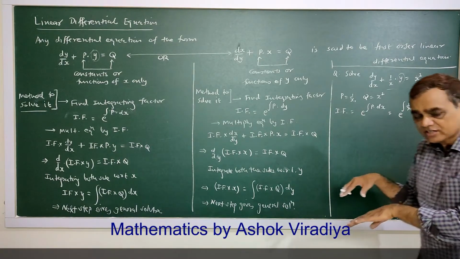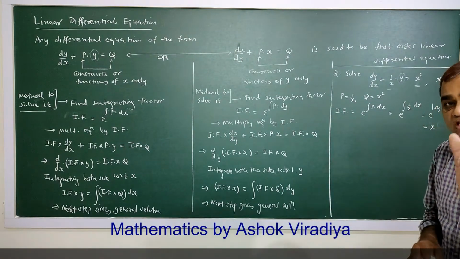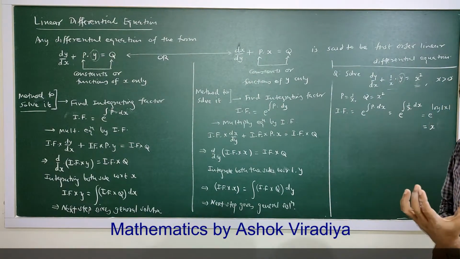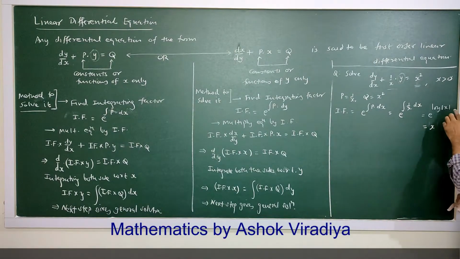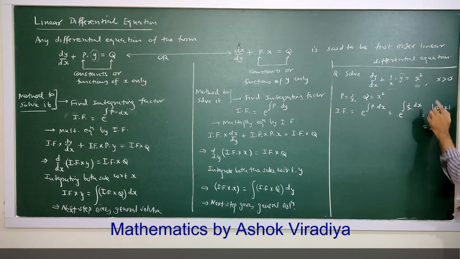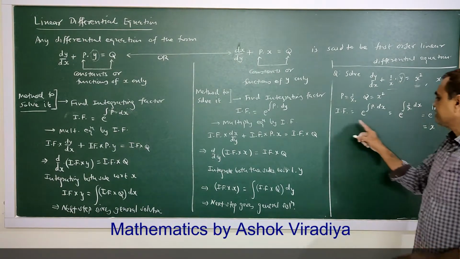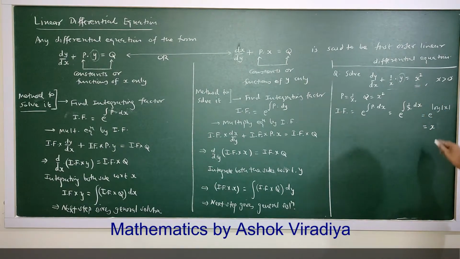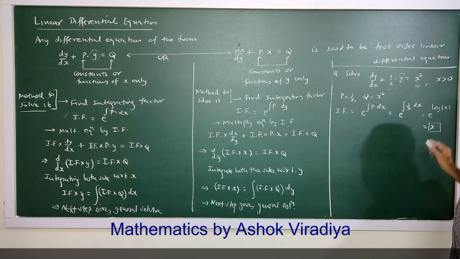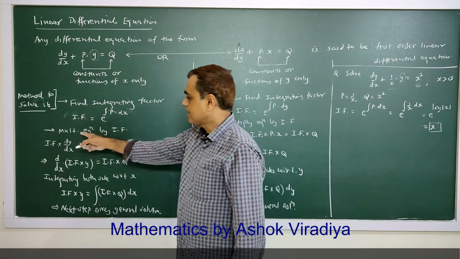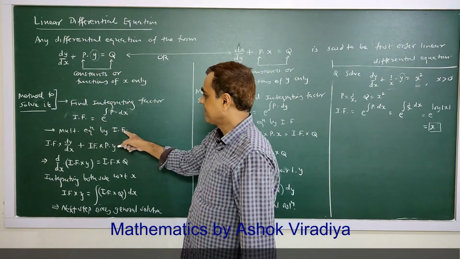Because in this calculation we are working with an arbitrary constant, due to the role of the arbitrary constant, we can remove the modulus if no condition is given. So this is the integrating factor x. After getting the integrating factor, multiply the equation by the integrating factor.